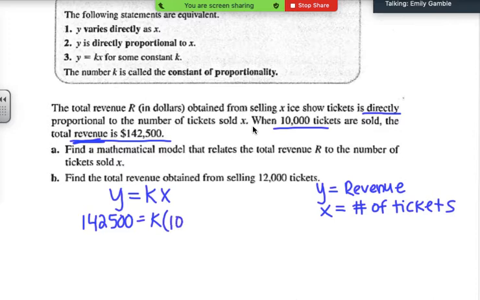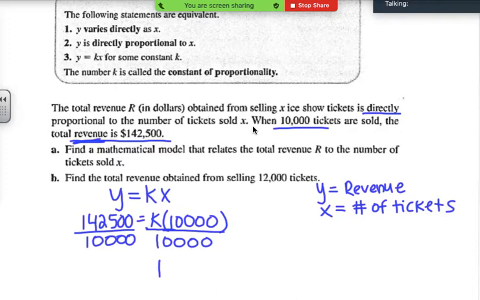If we want to find the constant of proportionality, we would solve this equation, and we would solve it by doing what? Yeah, we're going to divide by 10,000 to solve for k. And when we do that, we're going to get 14.25.